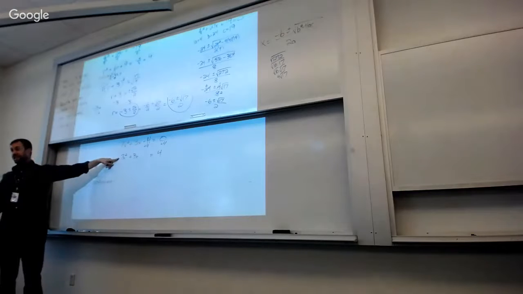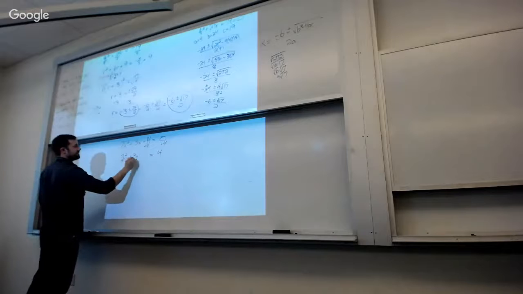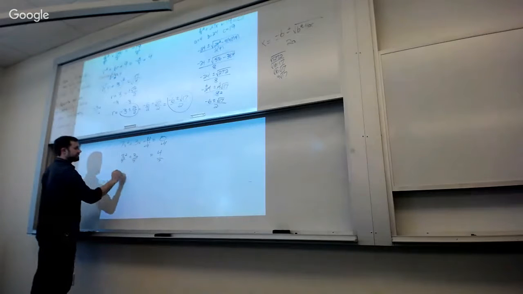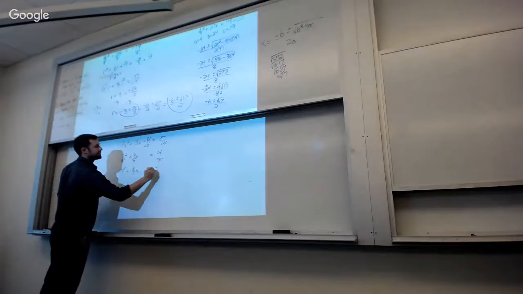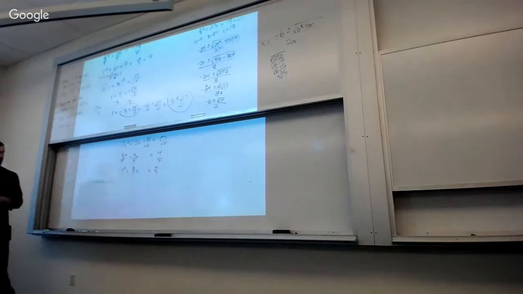But you can't have the 7 on the x squared, so you divide everything by 7. Now you have this terrible situation of x squared plus 3/7 x equals 4/7, and at that point you'd begin the process of completing the square.